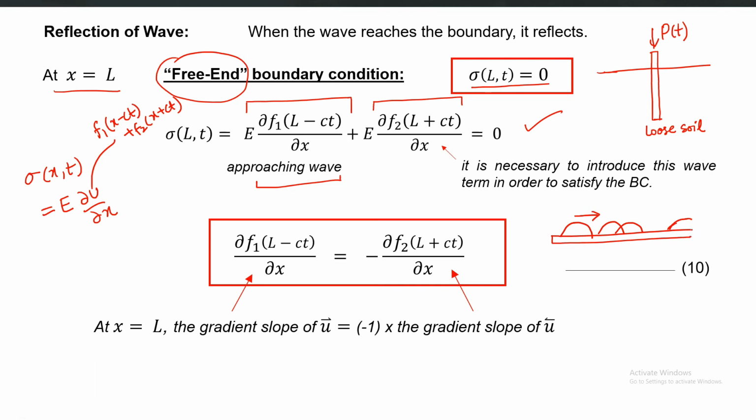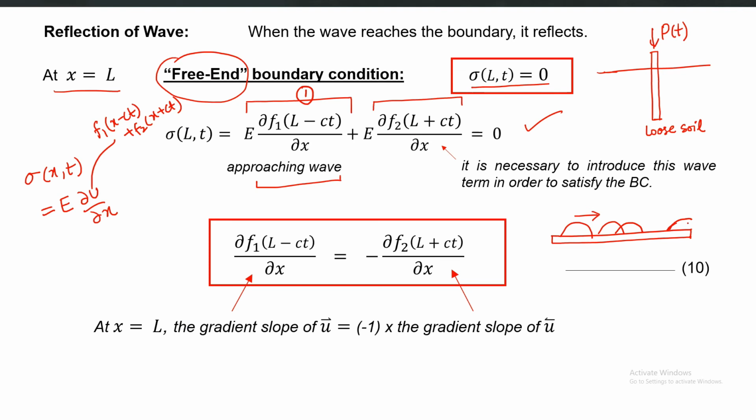So let's say that the stress shape reaches the free end. Now we know that stress is zero at the free end. But one function alone will not become zero, because it will have a non-zero value. The first term, function number one, will still give us a non-zero value at the free end, because mathematically it is just a function, for example a sinusoidal function. So it will follow some sine function and give us some non-zero value.